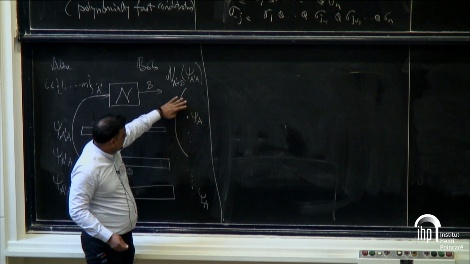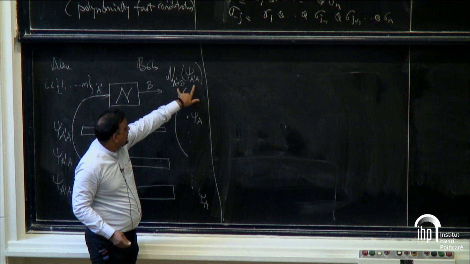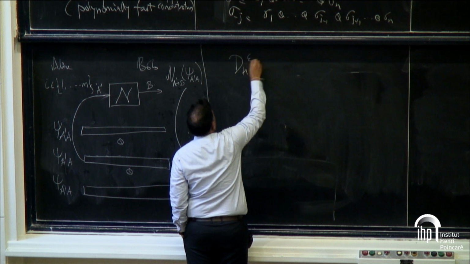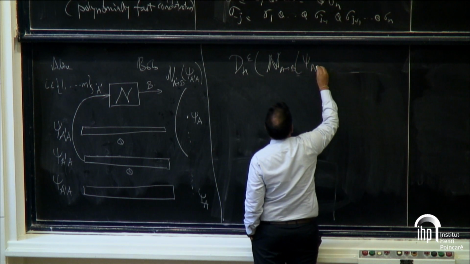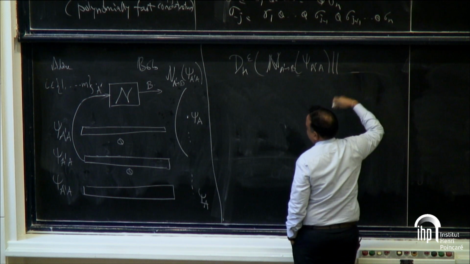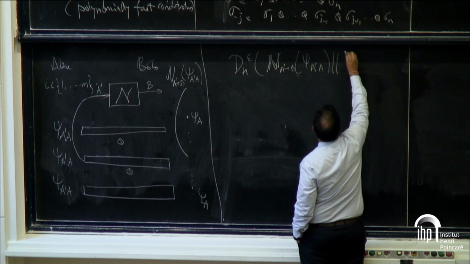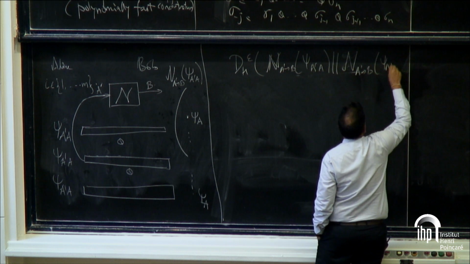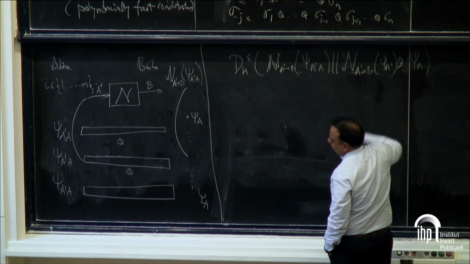So we see, intuitively, that if Bob makes a measurement which succeeds very well on this state, but fails, so we are looking at D_H epsilon of the channel acting on psi A prime A with just the marginal of, so channel acting only on psi A prime, tensored just psi A, right? Okay?